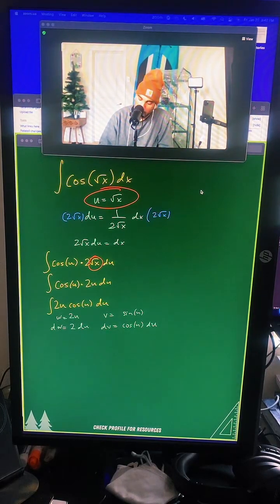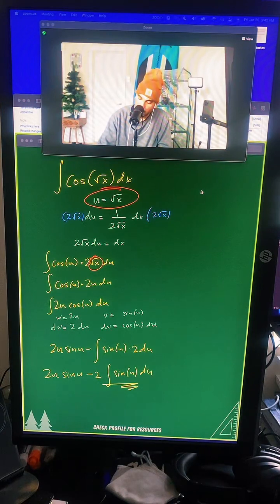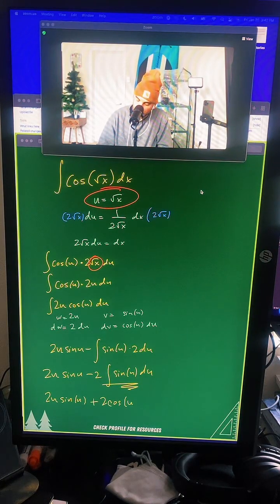All right, so now what we're left with is 2u sine of u minus sine of u times 2 du. Let me rearrange this, so minus, I'll just put the 2 on the outside, sine of u du. Luckily for us, we can easily integrate this and get 2u sine of u plus 2 cosine of u plus c.